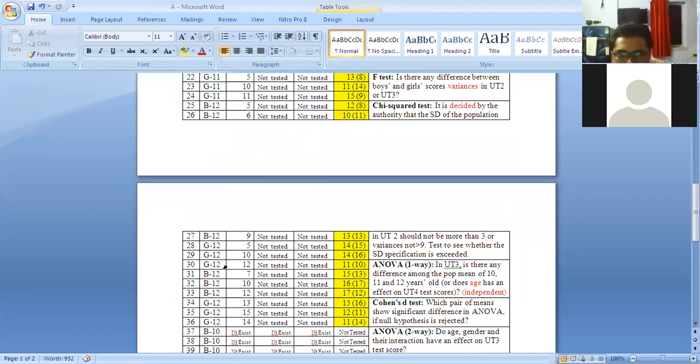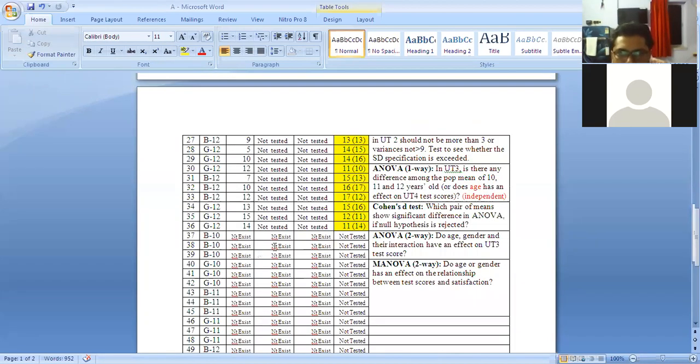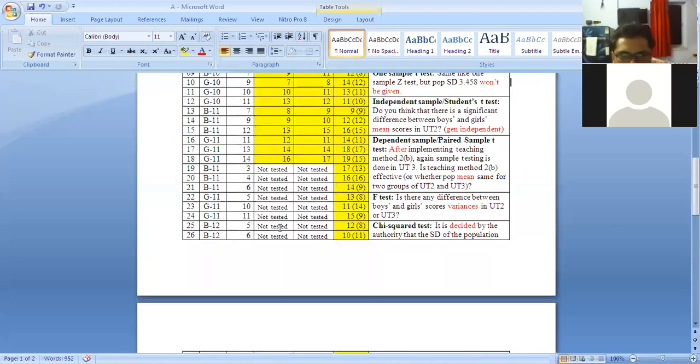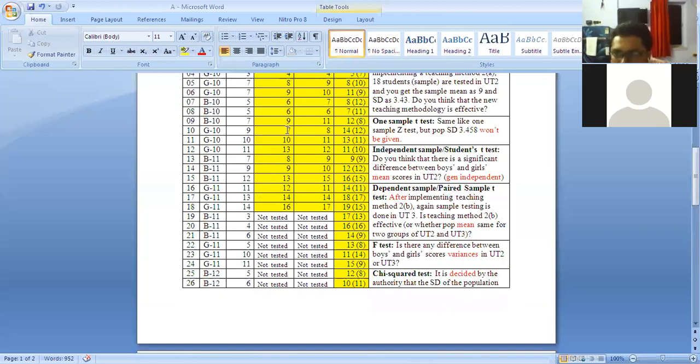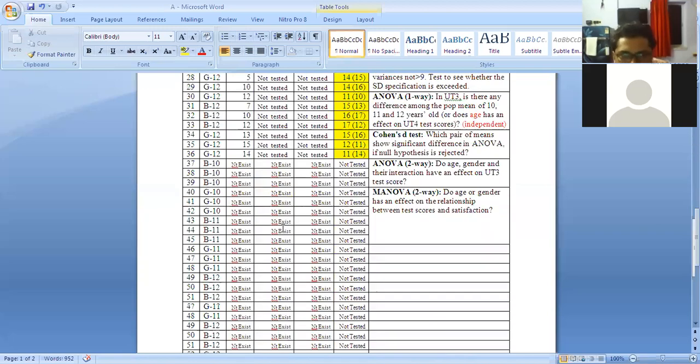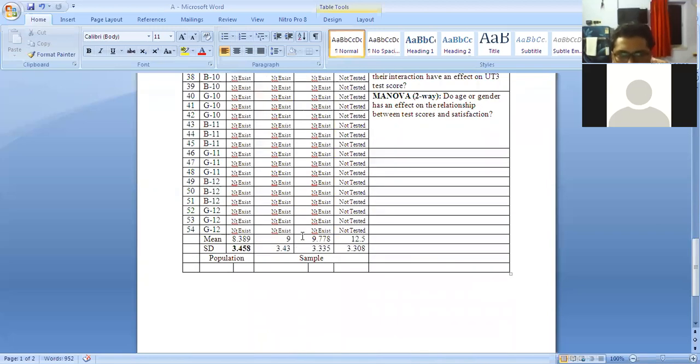Okay. Now, you have not tested the scores of all 36 students. You have got the scores of only these 18 students that you have sampled, and you have got your standard deviation as 3.43. This standard deviation is for the sample you have got.